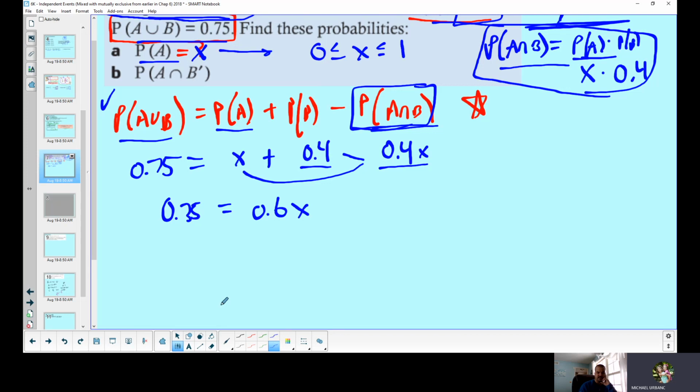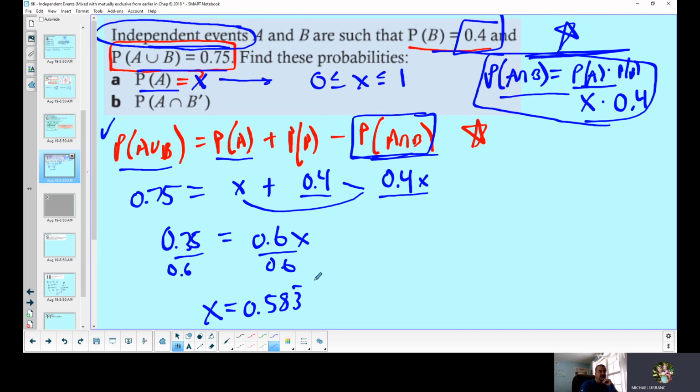And then this is where you guys can do a little bit of calculator work and divide both sides by 0.6. You won't be able to see it, but I'll do it here. So we're doing 0.35 divided by 0.6. And our answer is 0.583 repeating. And if you want to do them as fractions, you can do that as well, but I'm not going to mess with that.